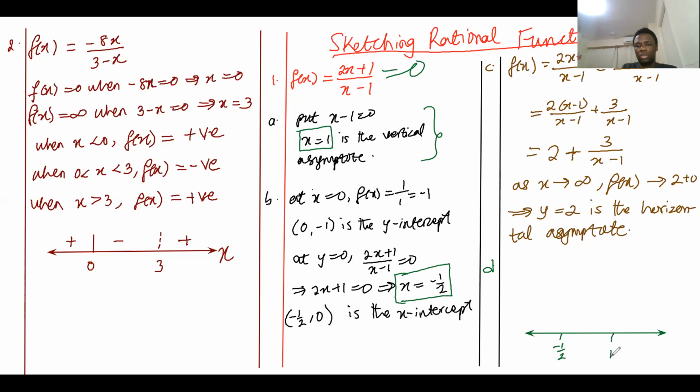So which one is the broken line? That is the one of A. So this is the broken line. And this is the normal line. Okay, so let's see. When x is less than this, is it positive or negative here?